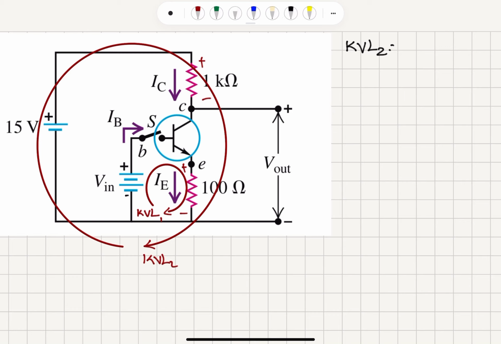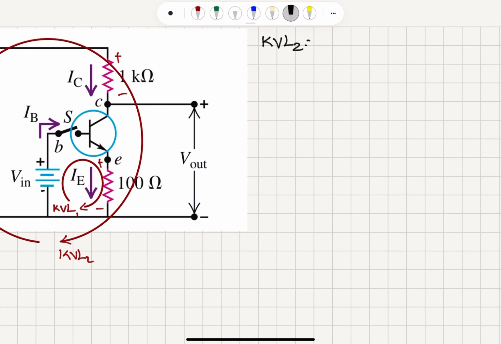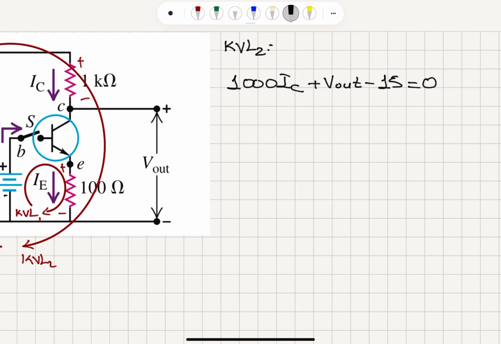Starting here I have 1000 times IC plus the output voltage Vout minus 15 is 0. That's basically a simple loop. So this tells me that the output voltage that I'm after is 15 minus 1000 times the collector current.